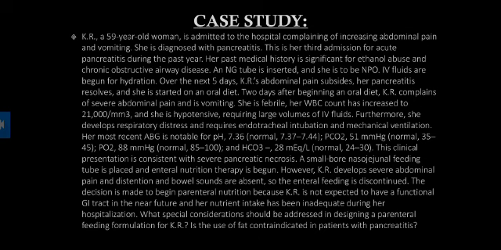However, KR develops severe abdominal pain and distension and bowel sounds are absent, so the enteral feeding is discontinued. The decision is made to begin parenteral nutrition because KR is not expected to have a functional GI tract in the near future and her nutrient intake has been inadequate during her hospitalization.